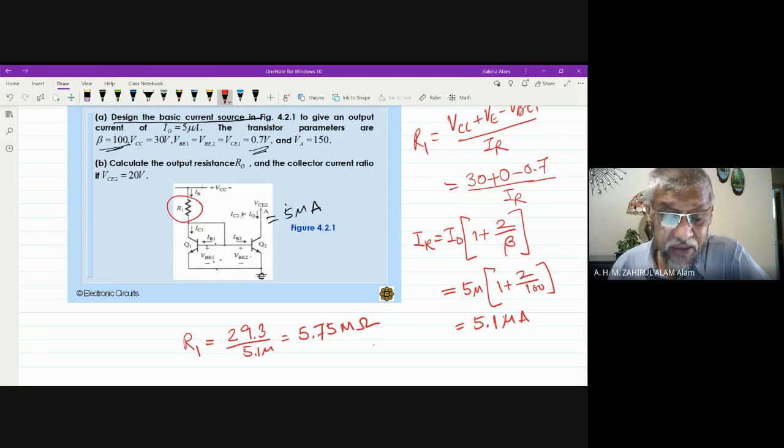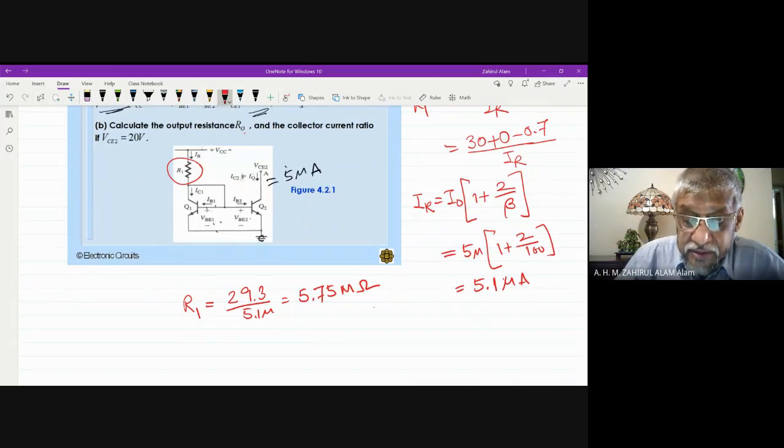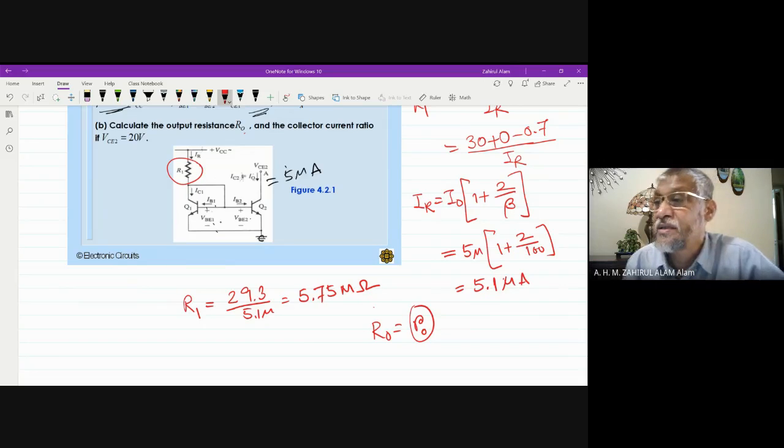The second question is to calculate the output resistance. We can use the formula; later on I'll show. This R naught is the small signal equivalent circuit output resistance, which is VA divided by ICQ.